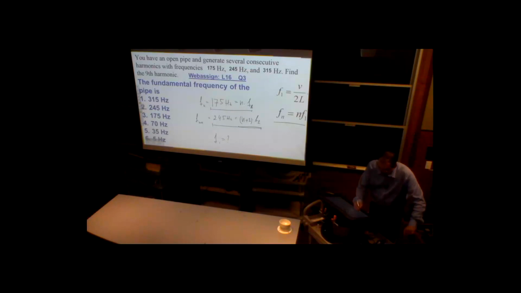So if you subtract, it getting cancelled. 245 minus 175 should be equal to n times f1 plus f1 minus n times f1. That's not just correct way to solve it, because there are others, but this is the fastest way to solve it. So what do we get?